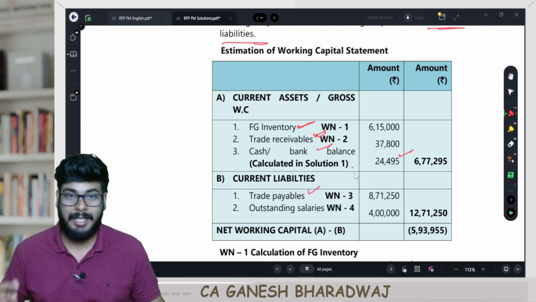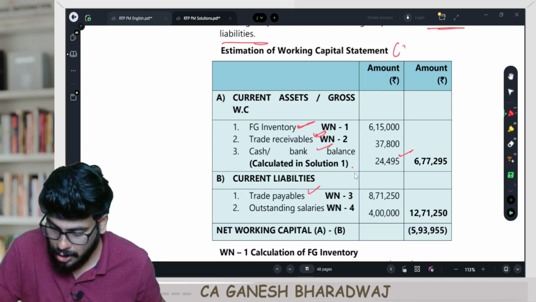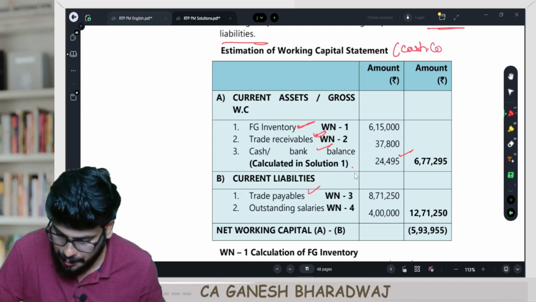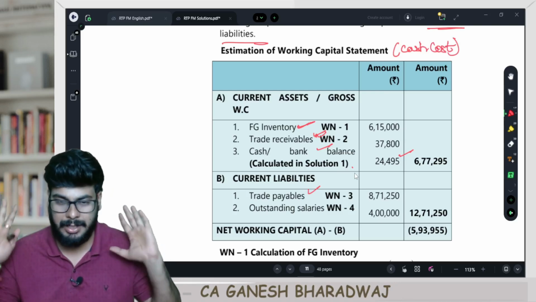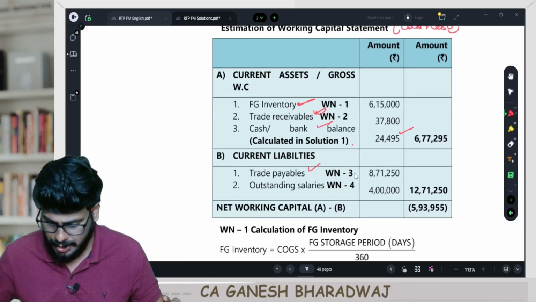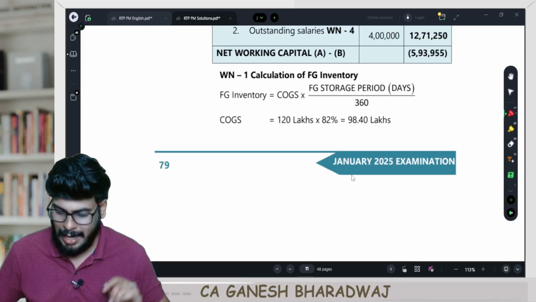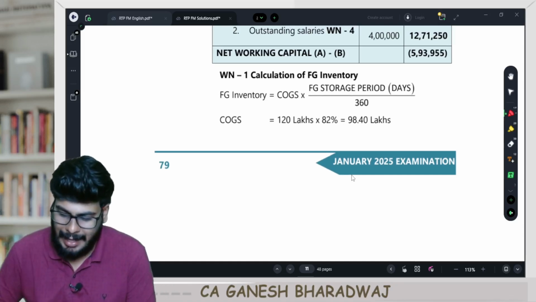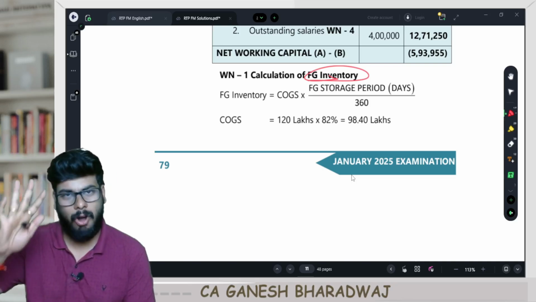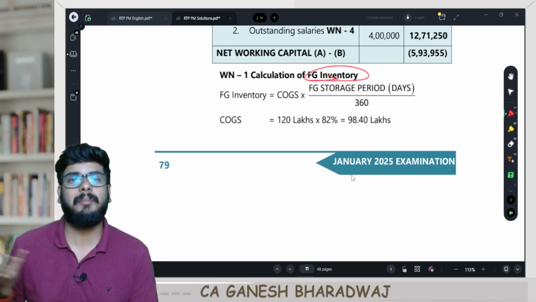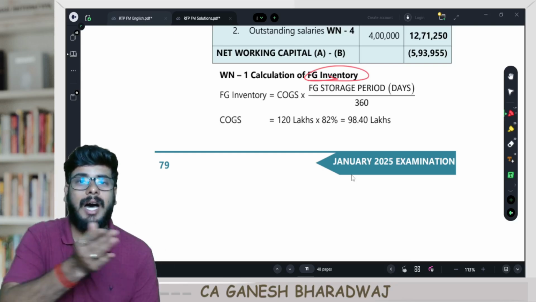And guys, this entire sum has been solved under cash cost basis. That is basically the amount that gets blocked into the business. Fine. Now what happens here? The first one, calculation of FG inventory. All the three, durable, semi-durable and perishable, all the three are FG only, because this is not a manufacturing entity for you to have RM, WIP and FG.